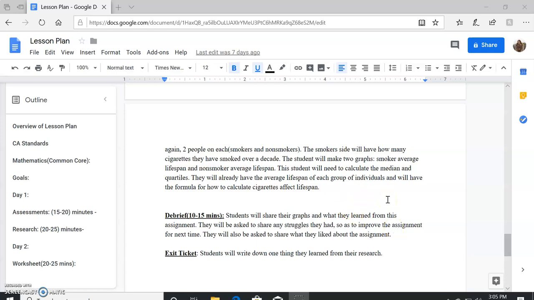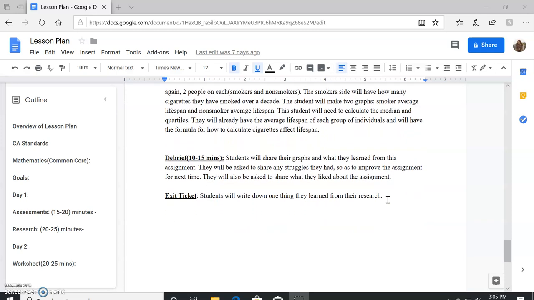The student will need to calculate the median and quartiles, which they will have notes on from prior lectures. And they will already have, as I mentioned before, the average lifespan of each group of individuals, and will have a formula given to them to calculate cigarettes and effect on lifespan. They're not expected to find this formula on their own.